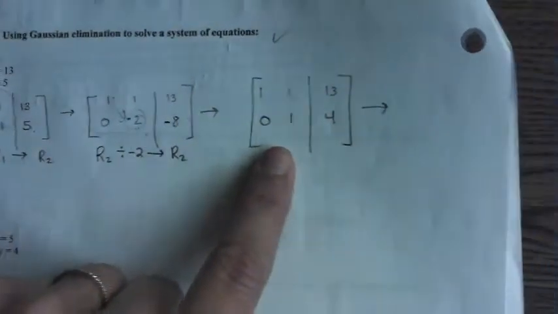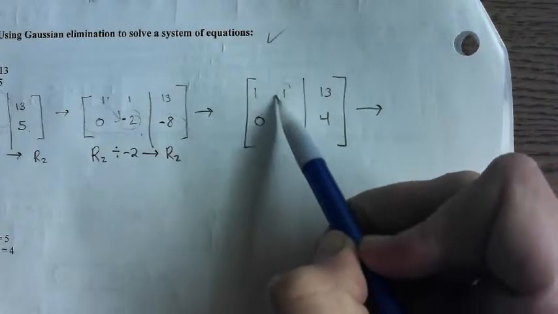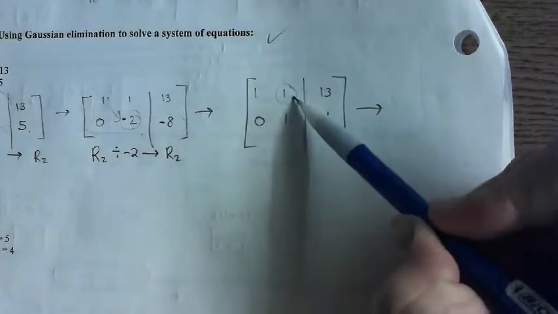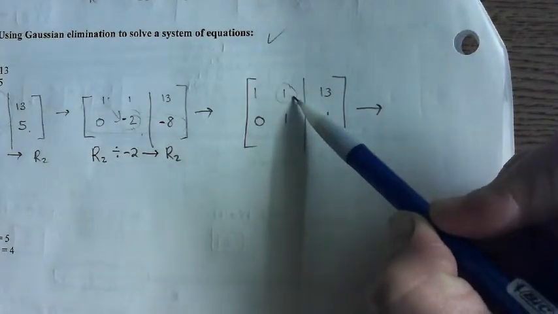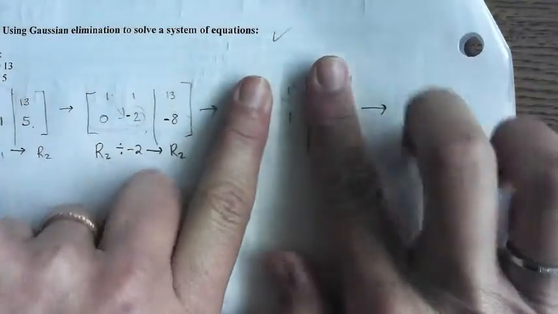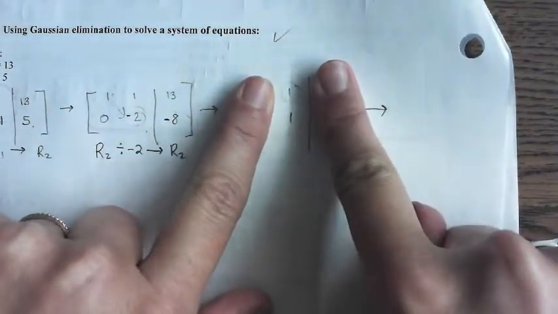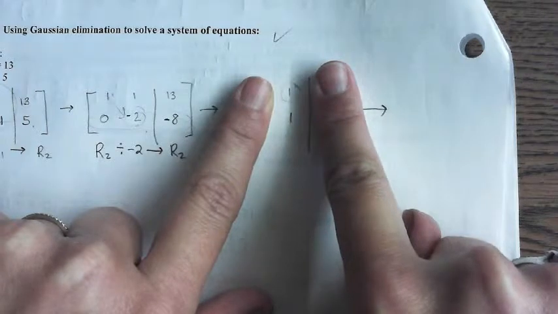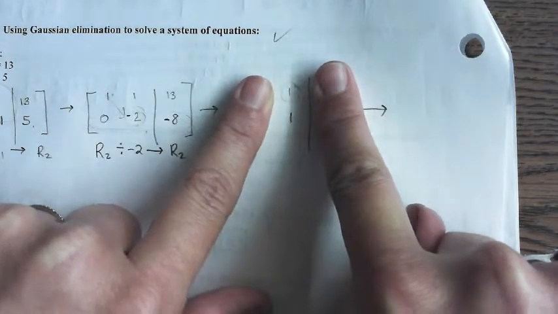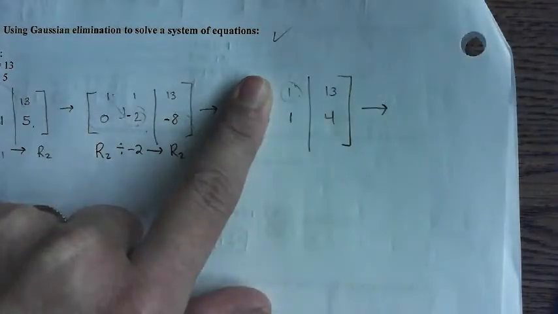And then my last step is to zero out the rest of that column, which is this spot right here. So just look at that little column. How do I get that top number to be a 0 using the only other row we have as an option? Row 1 minus row 2.